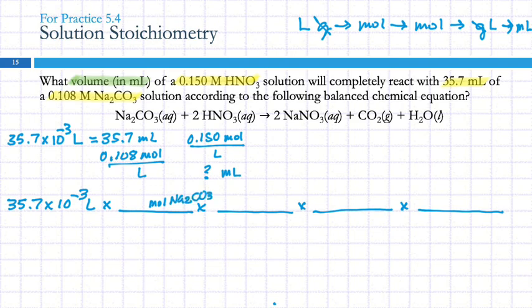And then I'm going to moles of the other thing, HNO3, and then I'm going to liters of HNO3, and finally to milliliters of HNO3. Liters to moles to moles to liters to milliliters.